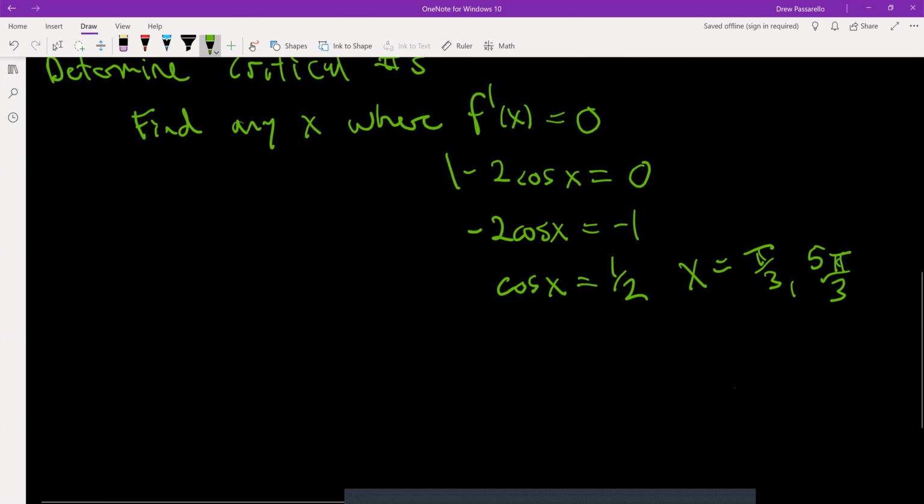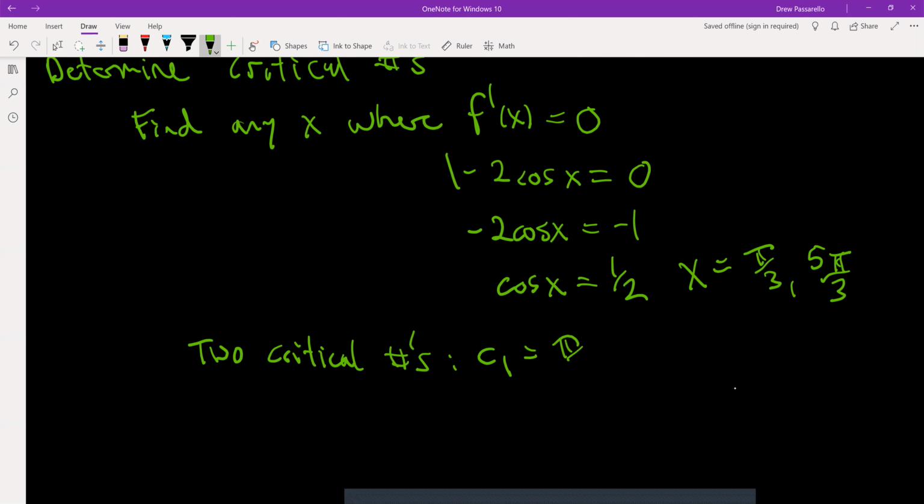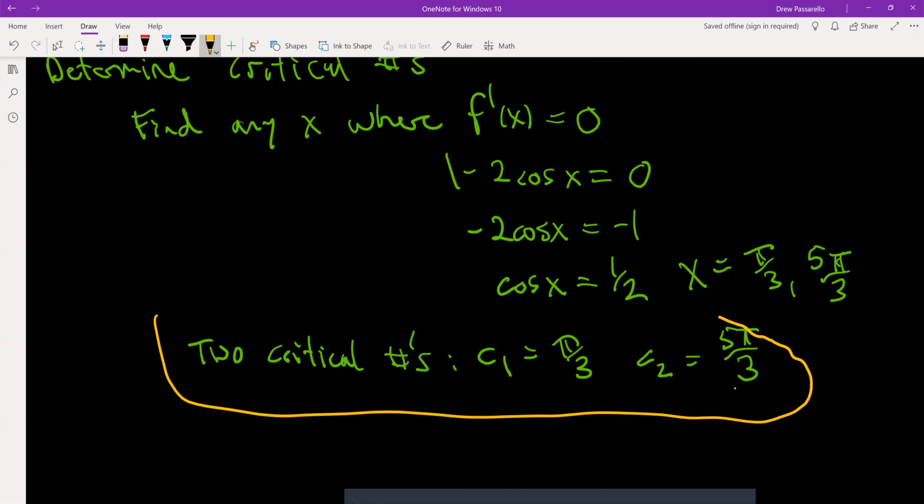So there's two critical numbers. And I'll use C1 for the first one, that's pi over 3. And then C2 for the second one, 5 pi over 3. All right, so that's what we need to find. So we found our critical numbers.